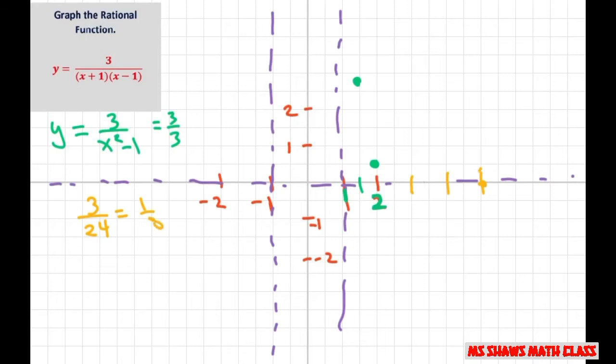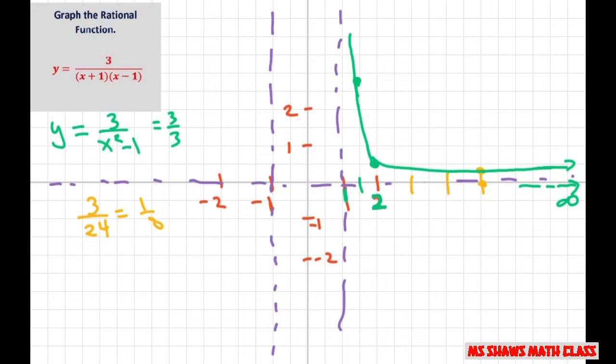So it gets really close. Your graph looks something like this on this side. It gets closer and closer to 0 as x gets larger and larger.